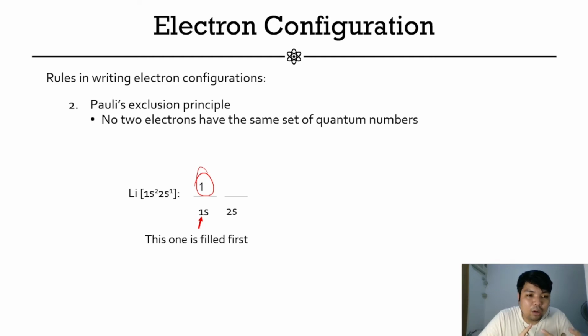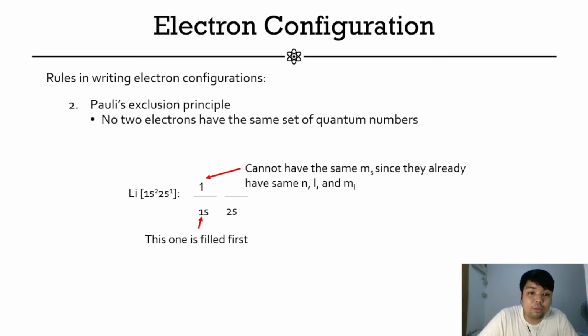So in accordance to Pauli's exclusion principle, they cannot have the same spin quantum number. How do we do that? We place another electron here, but this time it is pointing downward so that it will not have the same quantum number as this electron here. Next, we go to the 2s, following Aufbau's principle, to place the last remaining electron.